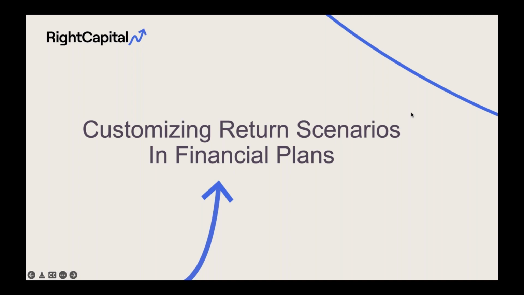Then we're even going to talk about customizing return sequence, to say, what if there's a recession in 5 years, or what if we want to compare two plans and look at the impact of one that has some more guaranteed income streams or more conservative investments, and how those might interact with different outcomes in terms of market conditions.